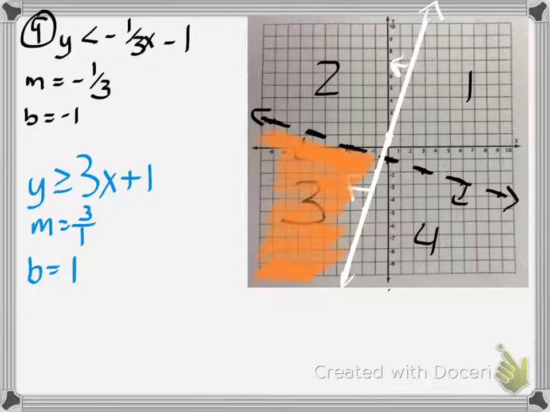What numbers are above 1? These up here, right? So that means I'm shading this side of the line. Because that was always hard for me as a student doing the above and below until I focused in on the y-axis. And if that still is hard for you, take an ordered pair to the right of the line and to the left of the line. And one of them is going to be true.